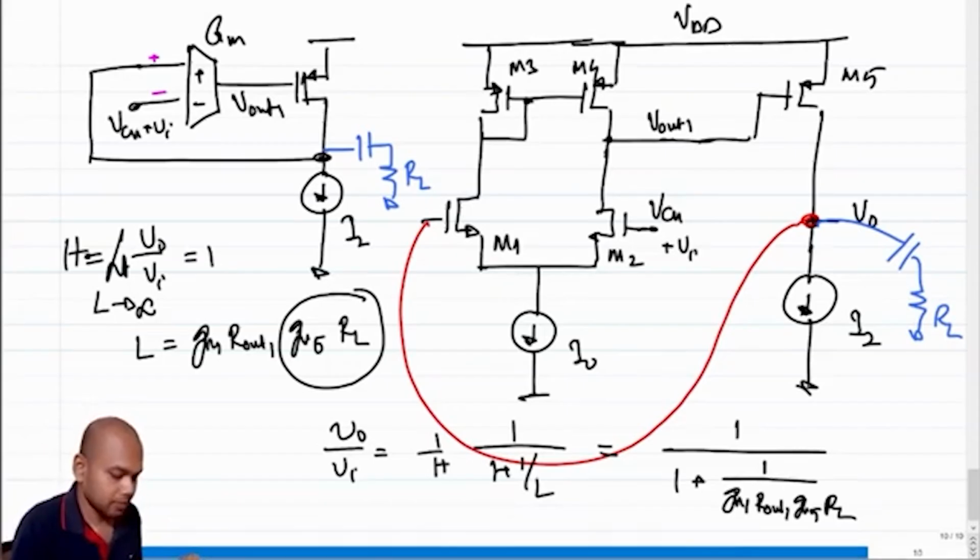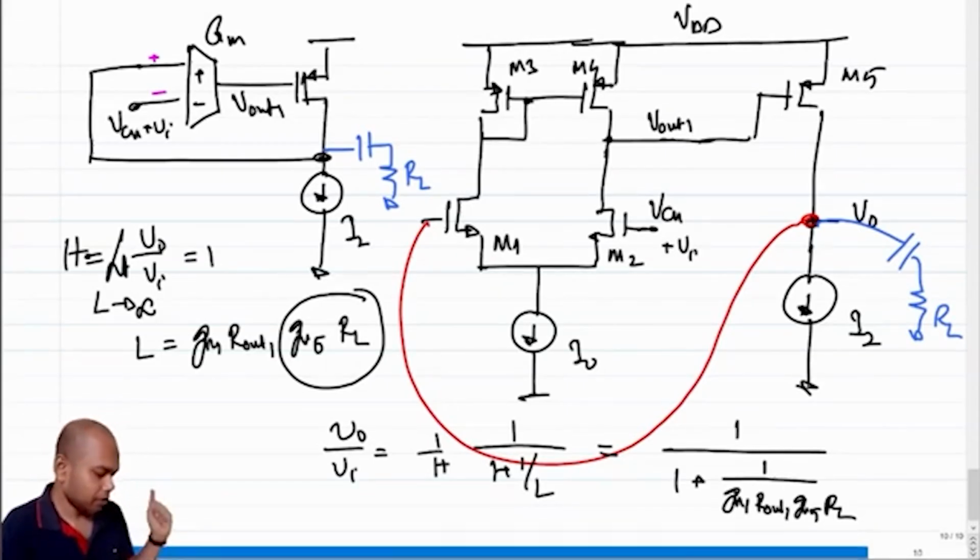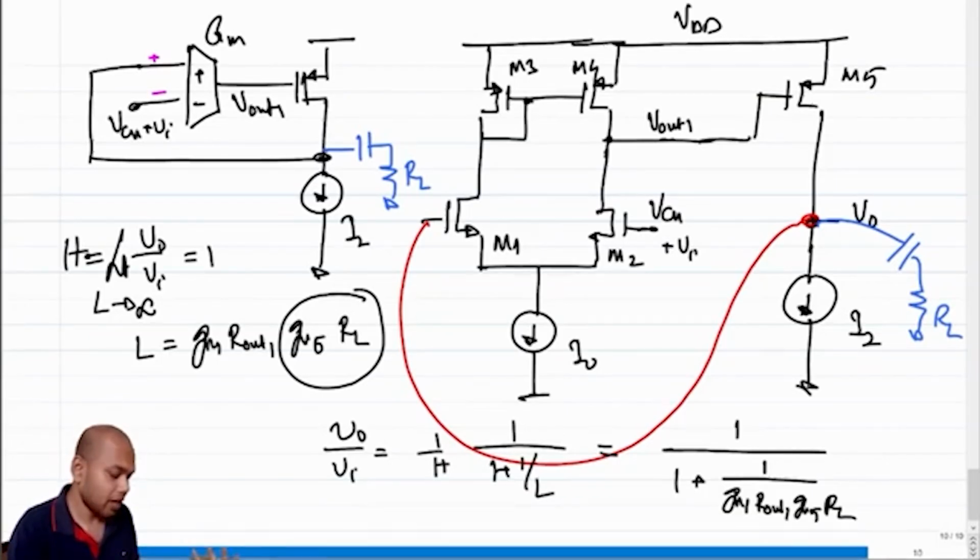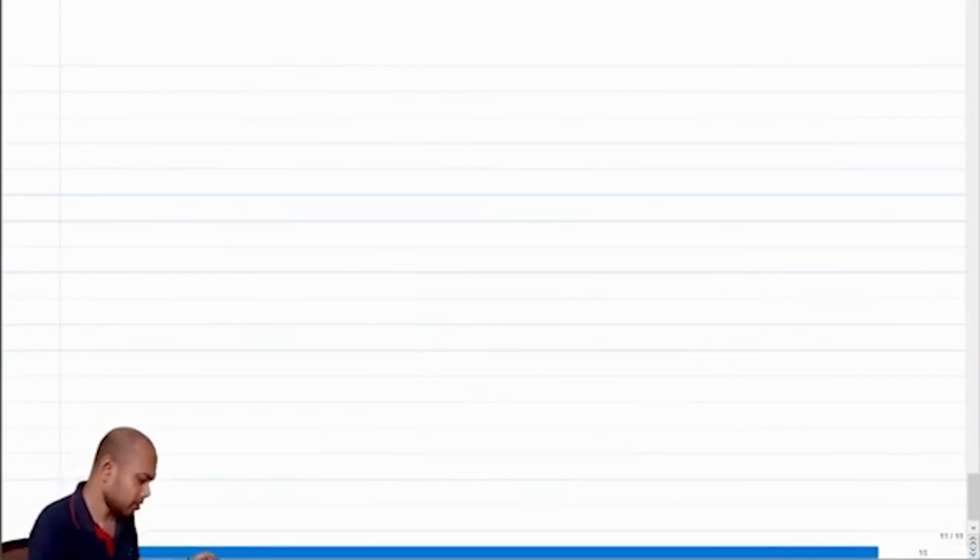Okay. Now before we end today's lecture, a natural question that comes is, the second stage could have been an NMOS second stage as well, isn't it?